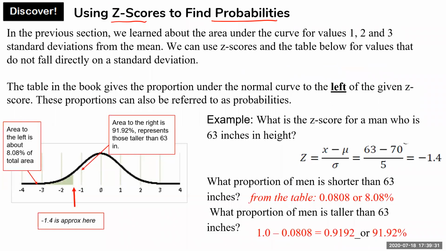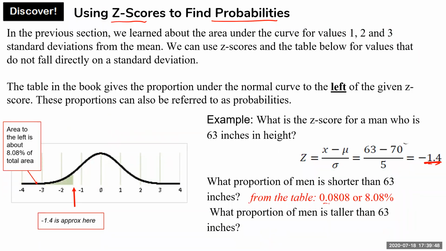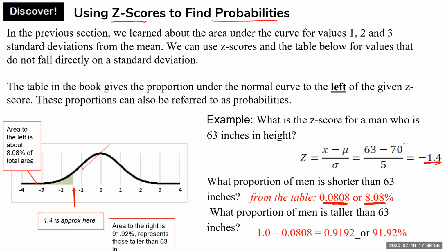So when we had minus 1.4, you go to the table and look for minus 1.4. And the corresponding probability of minus 1.4 is that. So that is a value, and we changed that to a percent, and that gave us 8.08%. Is that okay? Nice.